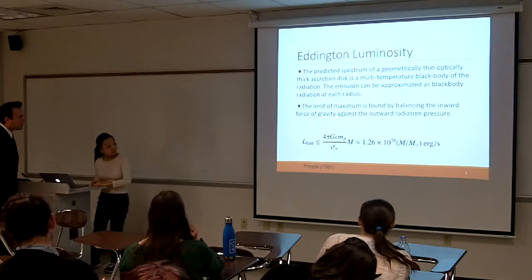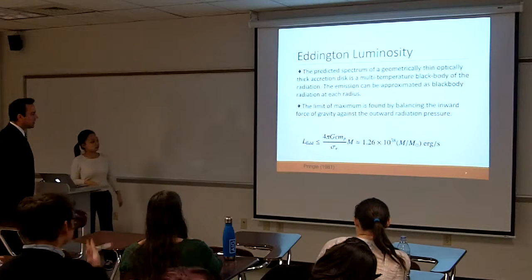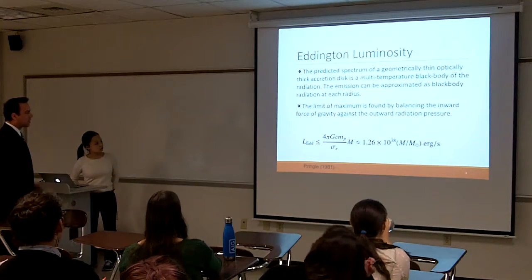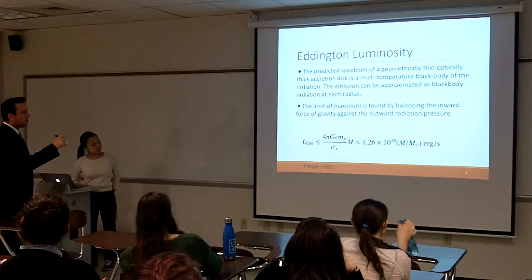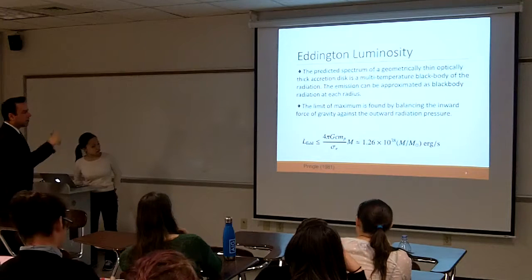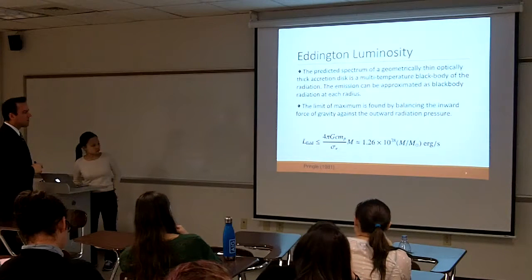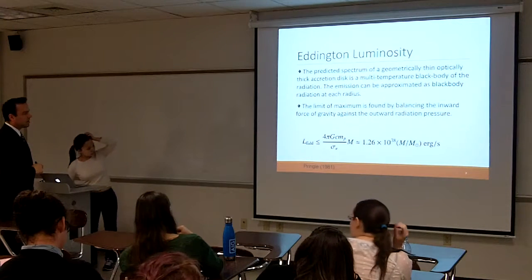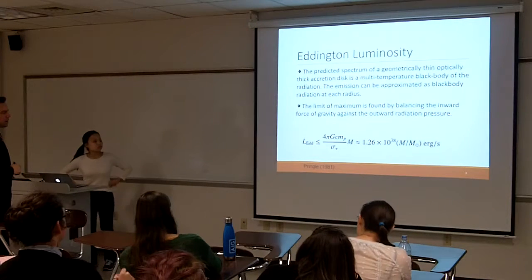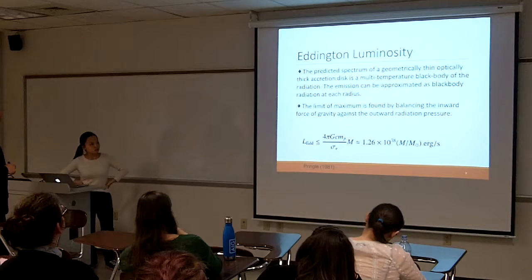So there's this Eddington luminosity, and I guess it says the Eddington luminosity has to be less than or equal to some expression, which you then express in units of solar masses. So for the sun, the Eddington luminosity is 10 to the 38, and the luminosity of the sun is 4 times 10 to the 33.